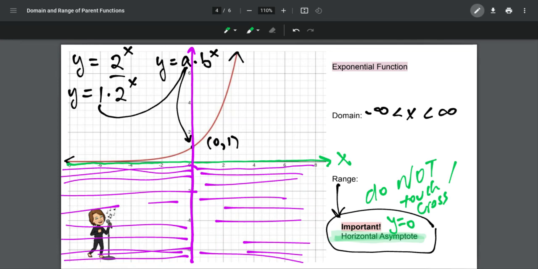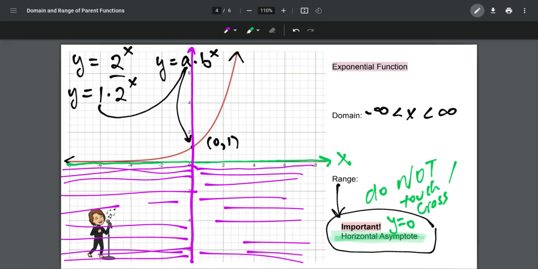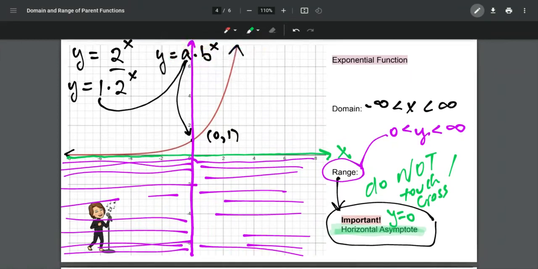What are we talking about? The range, guys, is going to start after 0. Okay, so the range is y is greater than, but not equal to 0. If you say equals, guys, let me show you what not to do. Do not do that.